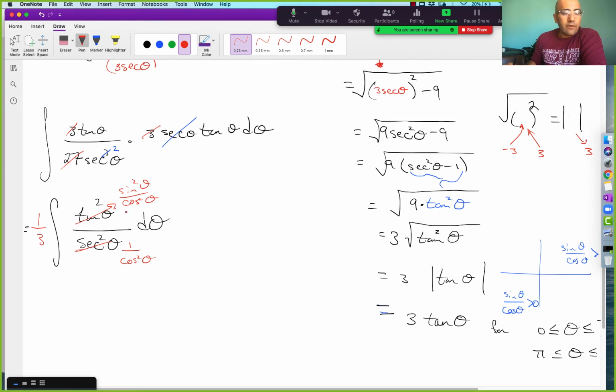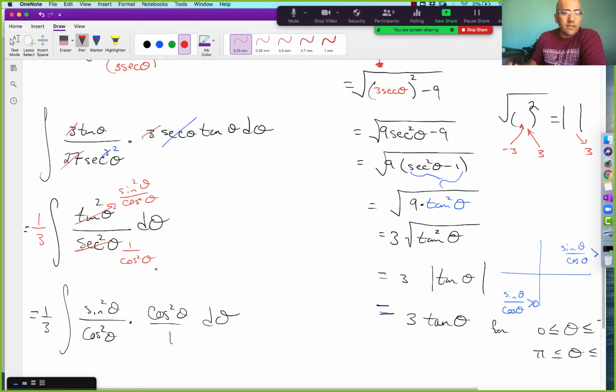And whenever we have a fraction in the numerator and a fraction in the denominator, we multiply the numerator times the reciprocal of the denominator. And so this becomes 1/3 integral of sine squared theta over cosine squared theta times cosine squared theta over 1, right? So kept the numerator and then flipped the denominator, d theta.